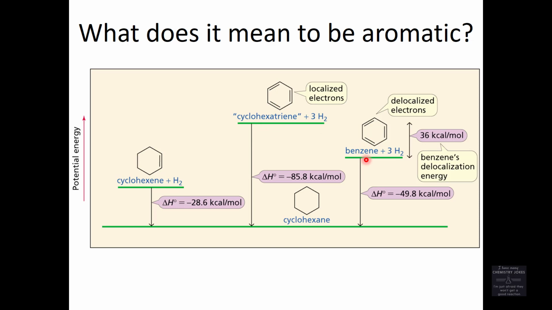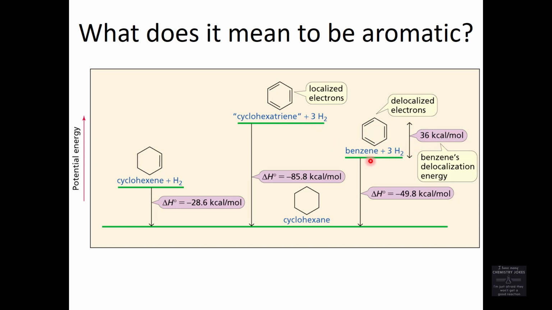But as it turns out, this cyclohexatriene, which we now know as benzene, is more stable than that. It releases 49.8 kilocalories per mole when you hydrogenate it.